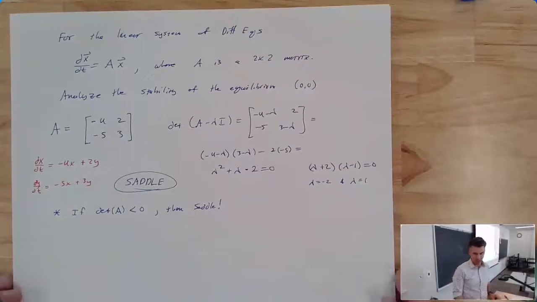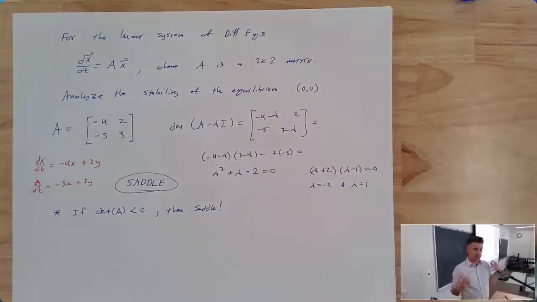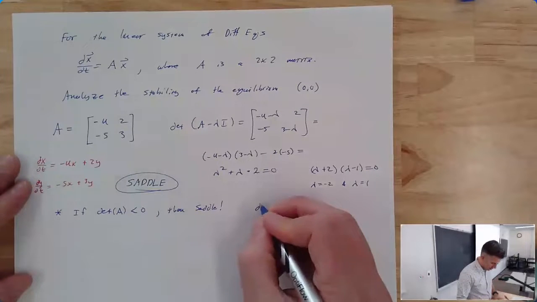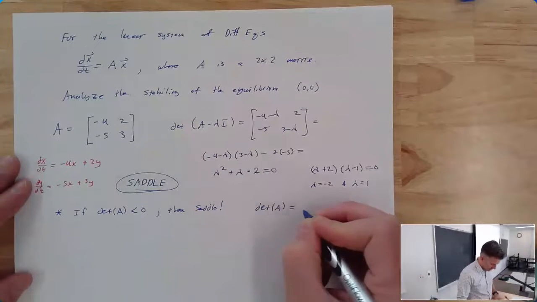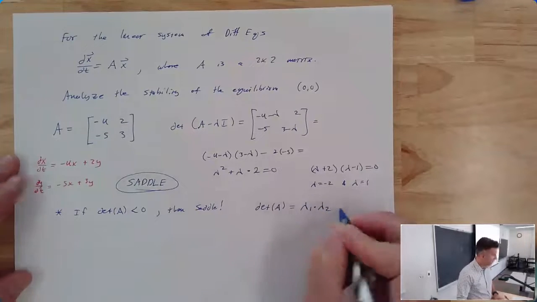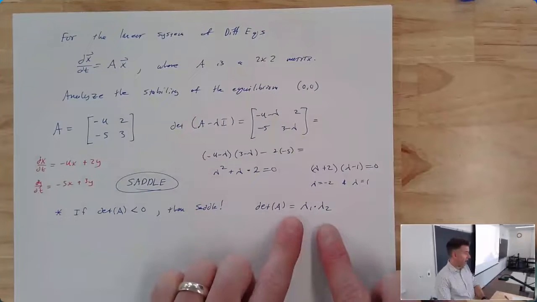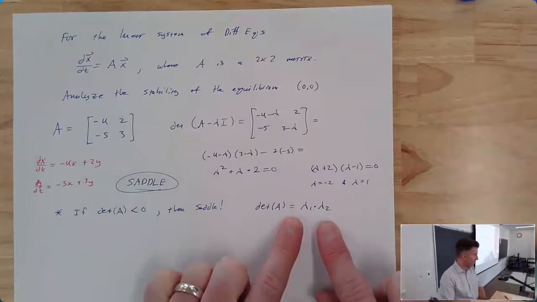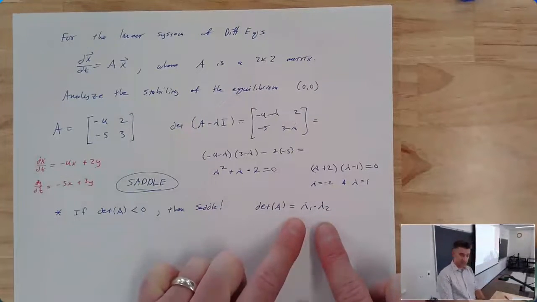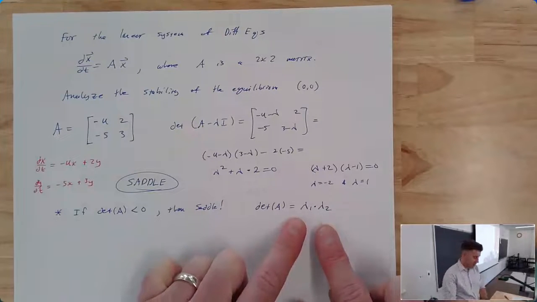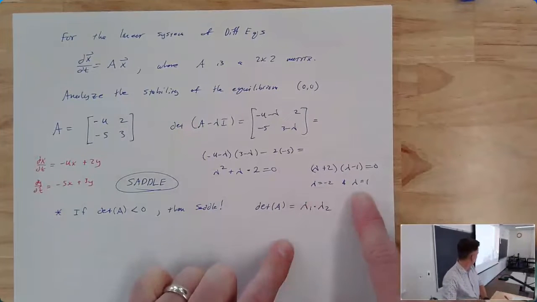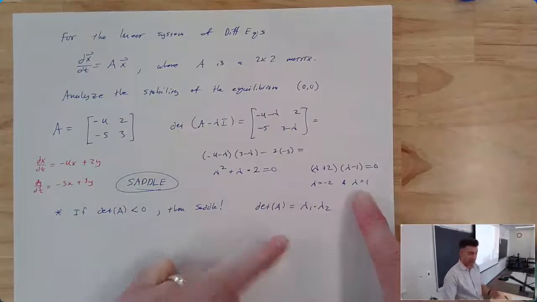One way of knowing this, which is kind of cool, is that the eigenvalues always multiply to the determinant of the matrix. So it's also true that the determinant of the matrix is equal to the product of the eigenvalues, which makes total sense, right? If the eigenvalues are opposite signs, if one's positive and one's negative, their product has to be negative.